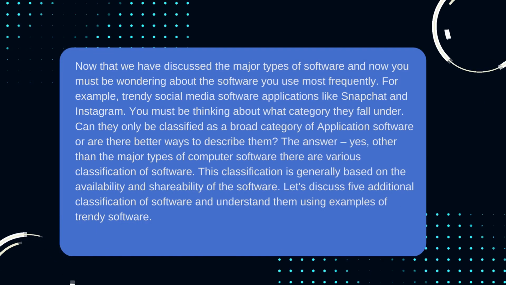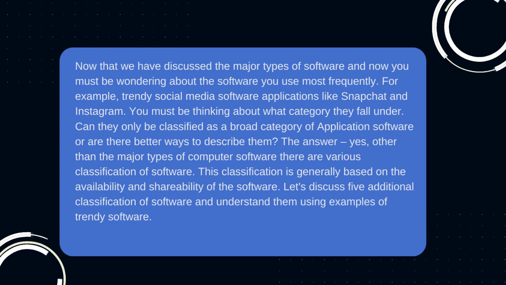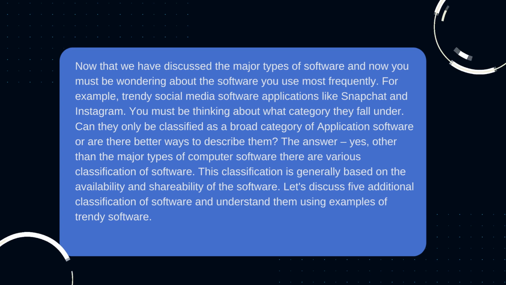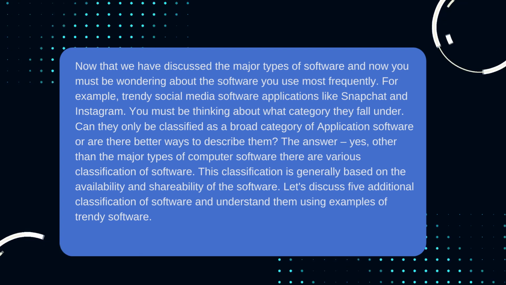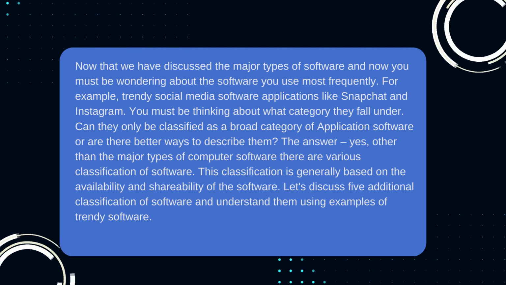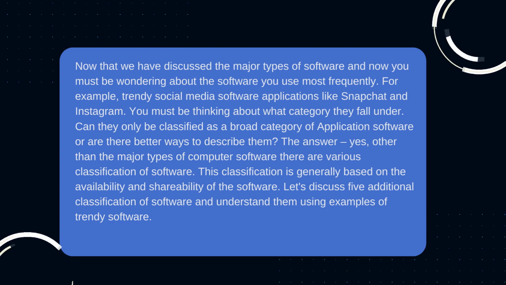Now that we have discussed the major types of software, you must be wondering about the software you use most frequently, for example, trendy social media applications like Snapchat and Instagram. You must be thinking about what category they fall under. Can they only be classified as a broad category of application software, or are there better ways to describe them?